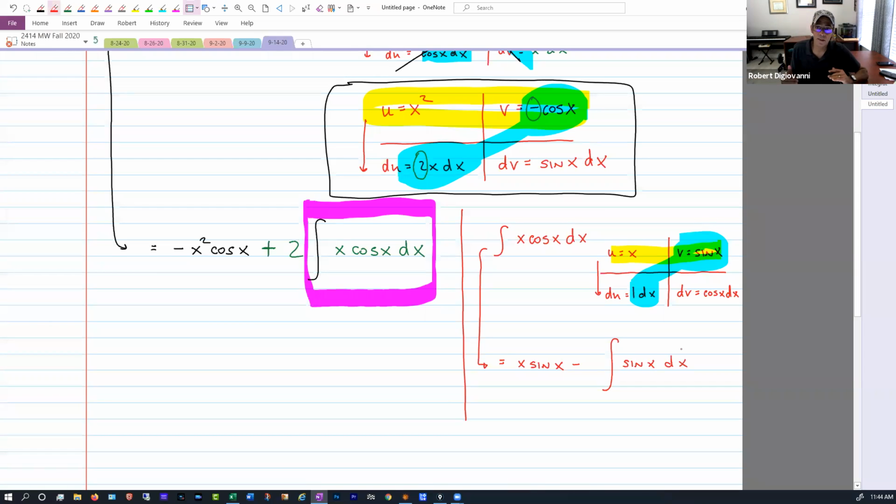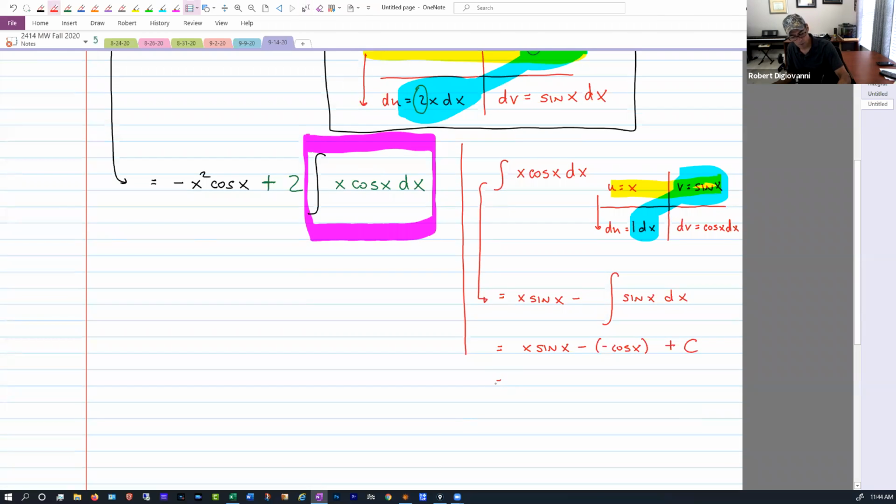Because now we've got it down to just the antiderivative of sine x. So I'm going to go ahead and do it. The antiderivative of sine x is negative cosine x. And I'll have a plus c. I'll just throw that on right now. There we go.